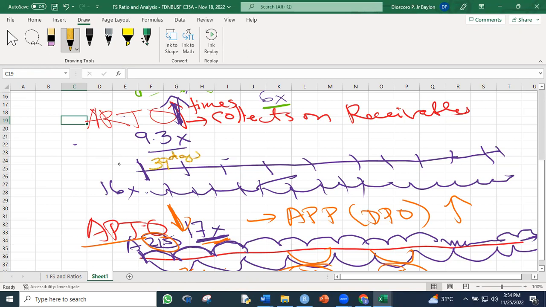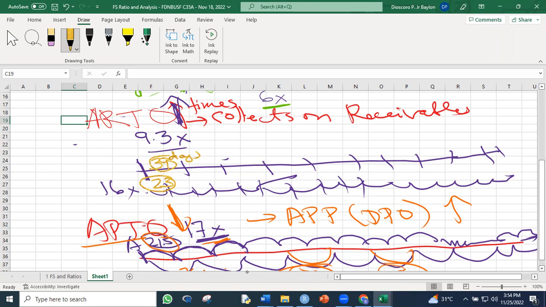On the other hand, our direct competitor is taking them around 23 days lang. So 39 days over 23 days. What's this? The number of days it takes us from the sales on account up to collection. So mas mabilis yung competitor natin nakakapag-collect versus our company. So again, this should beg the question to the company.